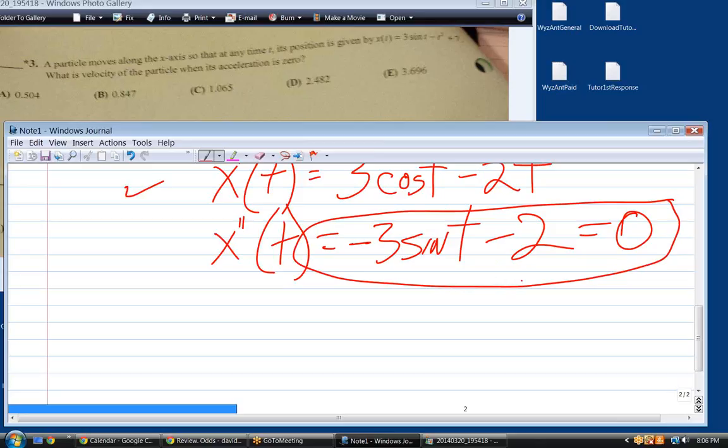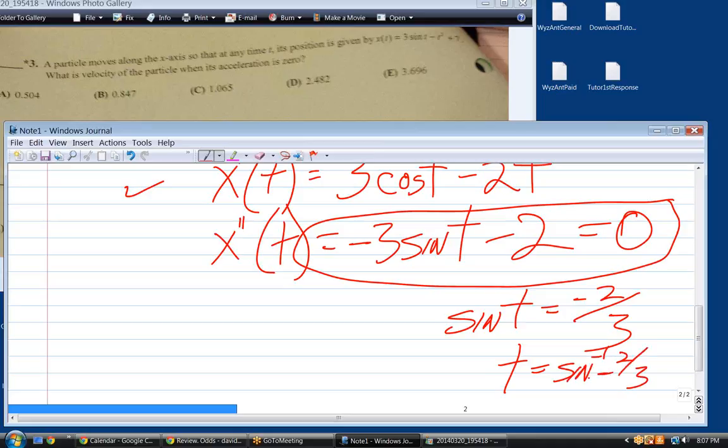So how am I going to solve this? Add 2. So I got sine of t equals negative 2/3. So t equals the inverse sine of negative 2/3. Do you have your calculator?